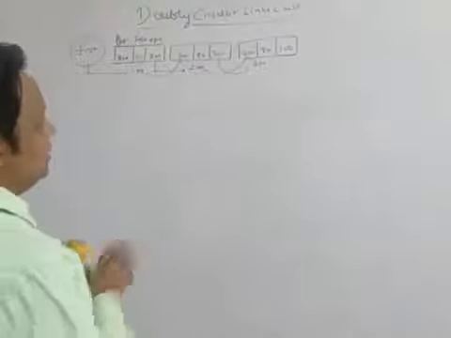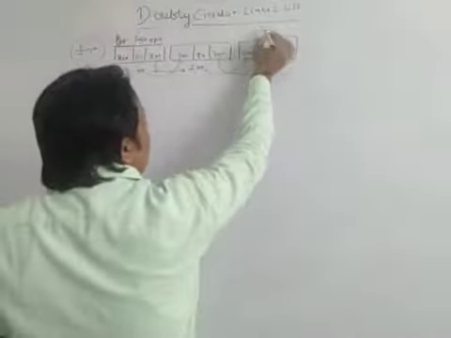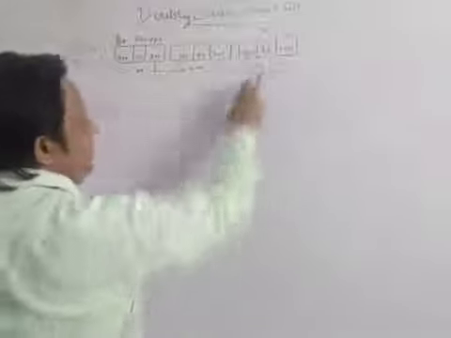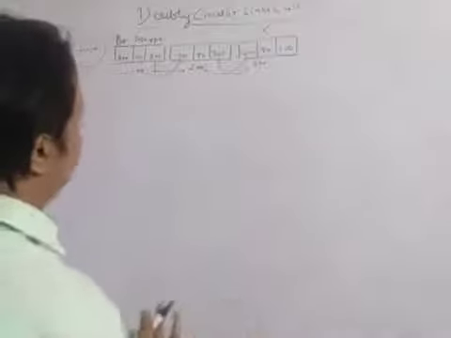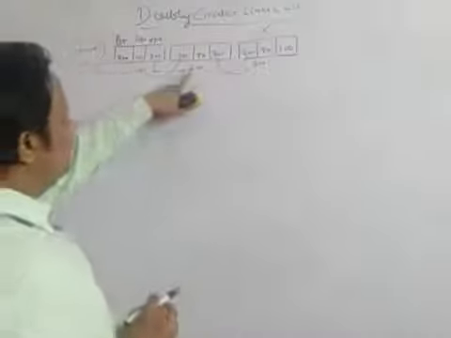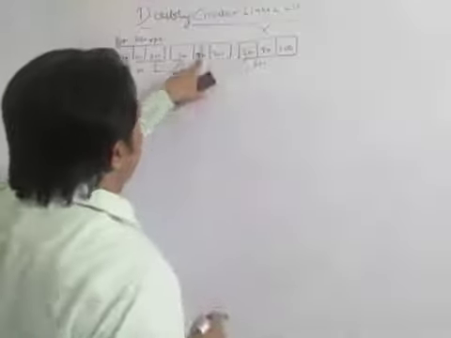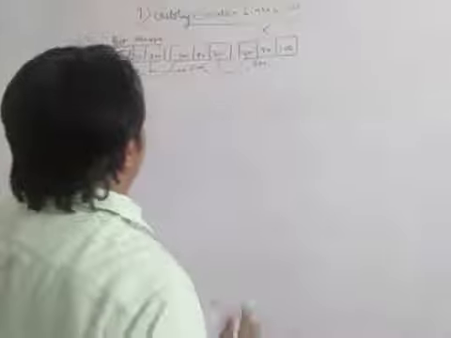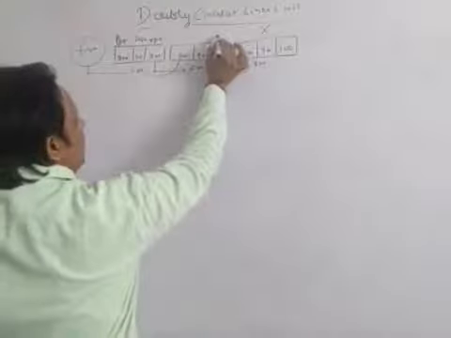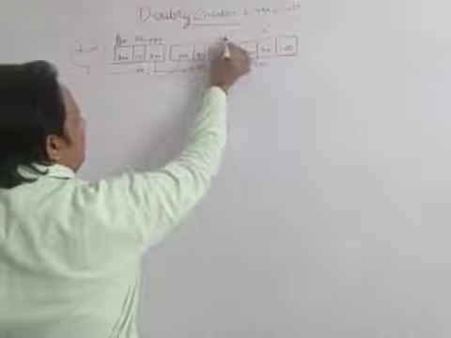So what changes are required? First, you want to delete this, so you need address 300 to free from the memory. Then you require address 200, just one node behind this, and you want to change this address to the address of the first node. I want 100 here. Fine.